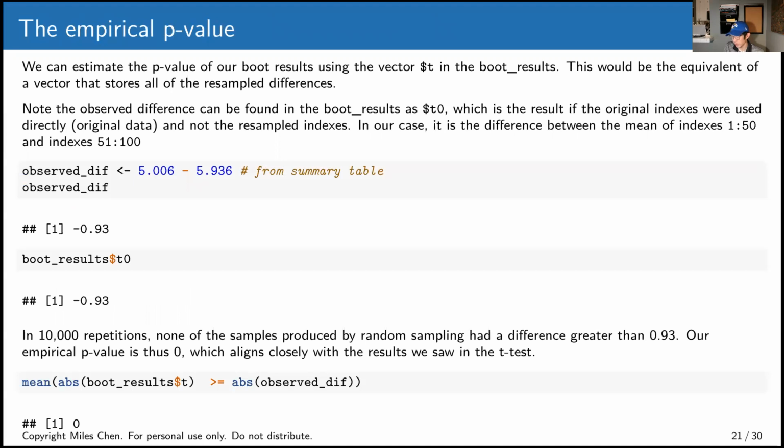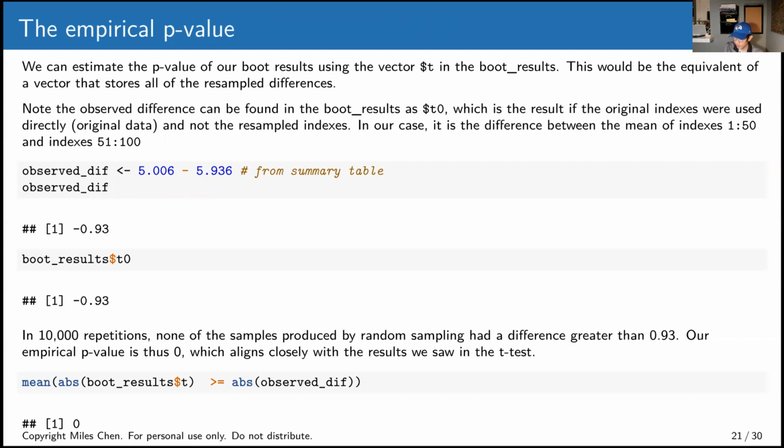So how can we calculate the p-value? Our p-value is going to be how often did we get a difference as large as ours or something more extreme in the sampling distribution if the null hypothesis were true.